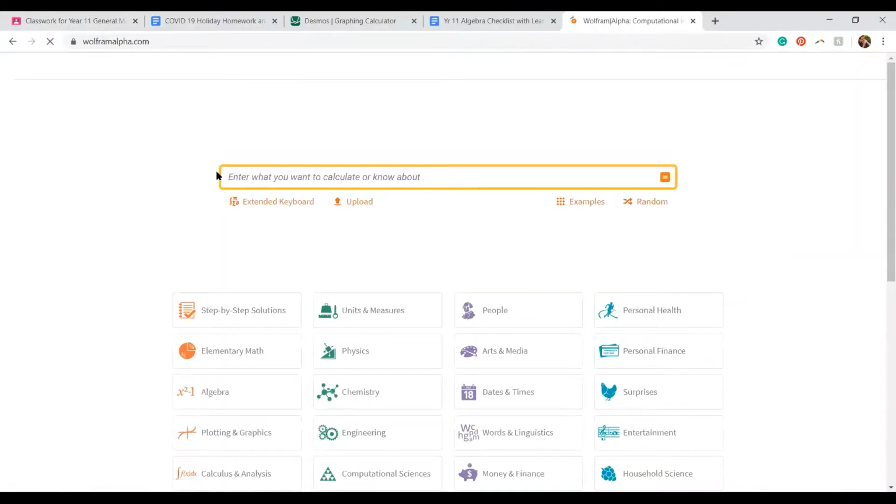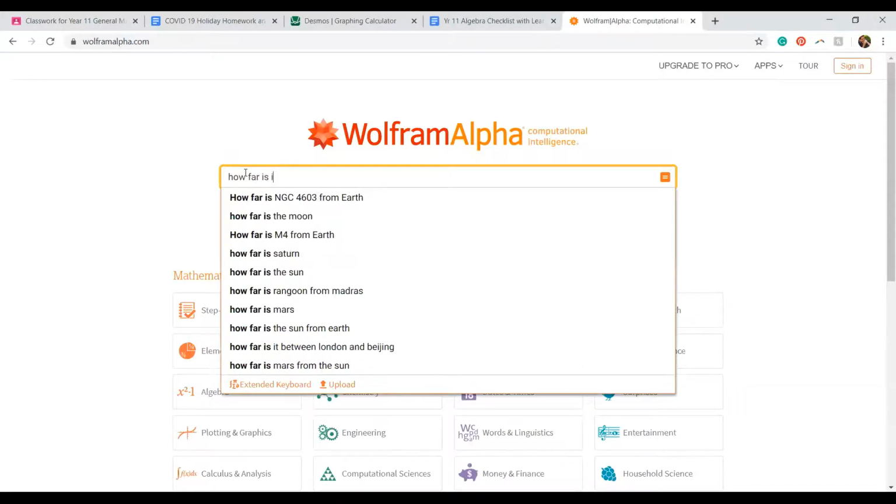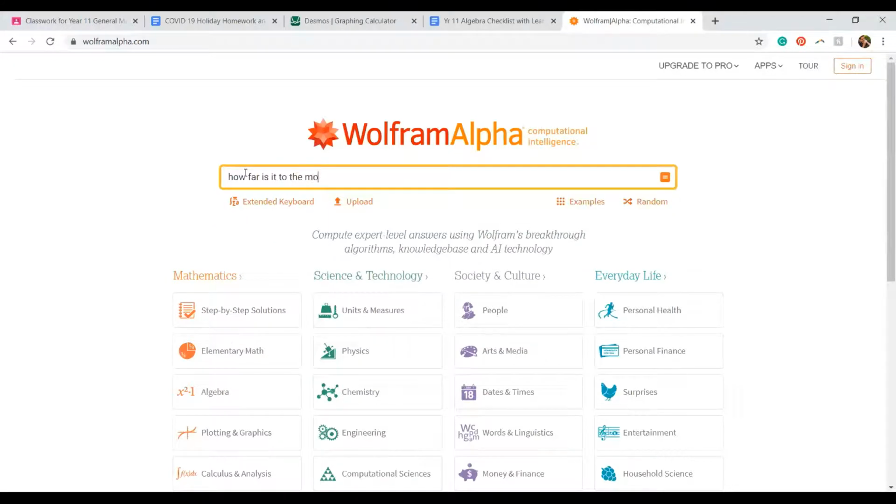Now it's a computer-based thing, so you can type in any sort of equation or idea. Like, how far is it to the moon in football stadium lengths? So I wonder if this works.